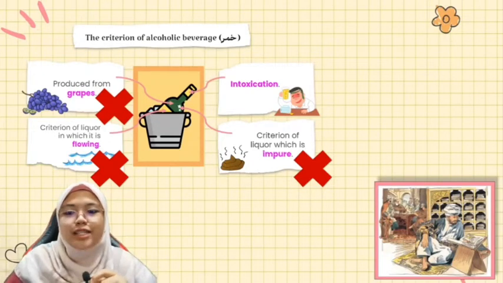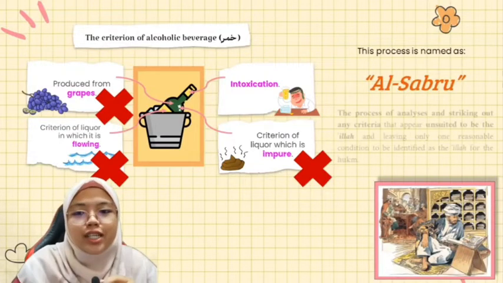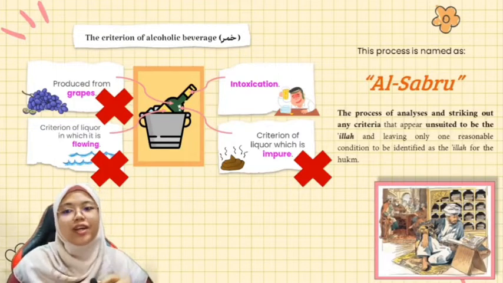This process is named SABRU, which is the process of analysis and striking out any criteria that appear unsuited to be the illah.